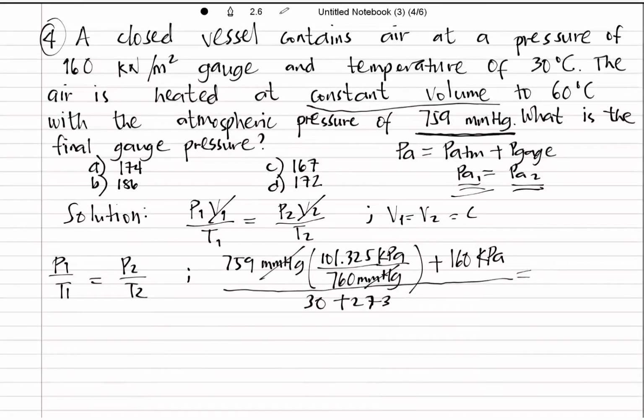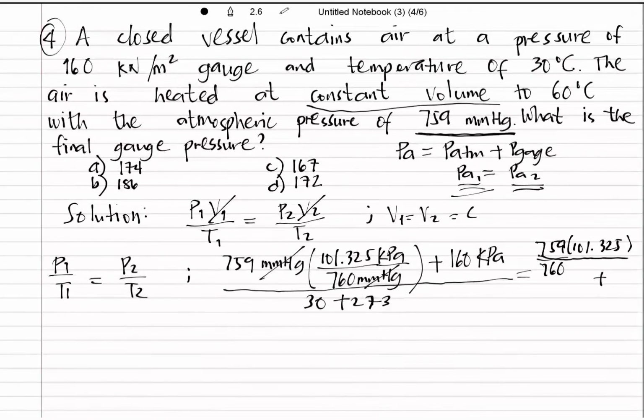So sa kabilang side, siguro guys, tanggalin ko na lang yung units, kasi limited din yung space sa gilid. So dyan is magiging 759 over 760, multiply natin sa 101.325. Tapos magpa-plus pa tayo.